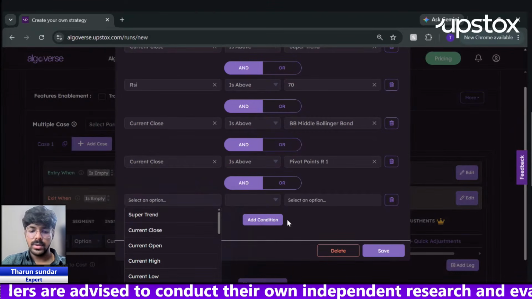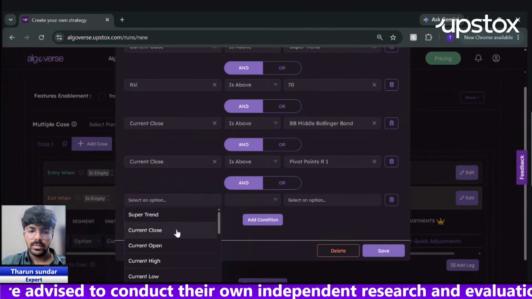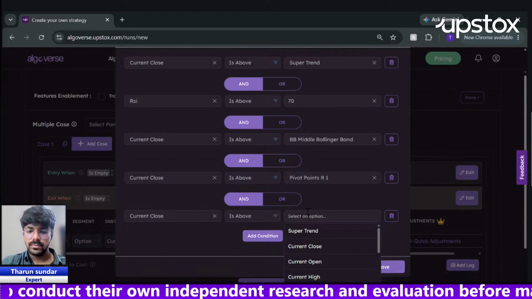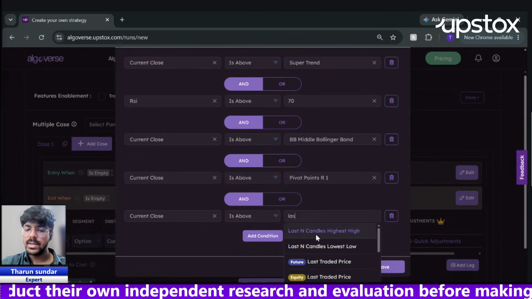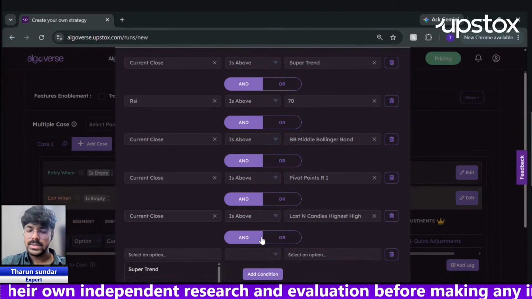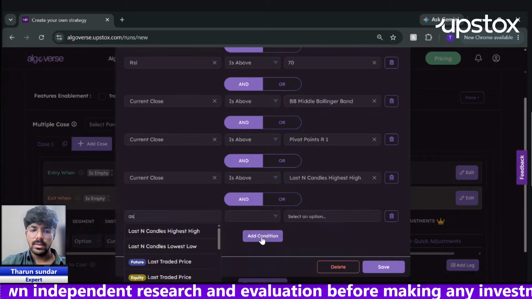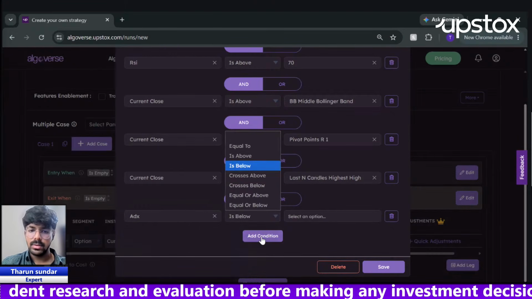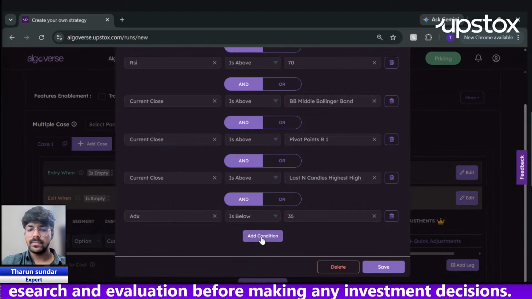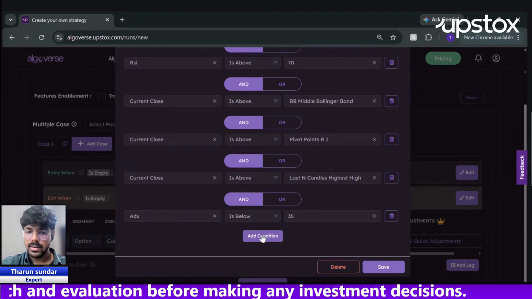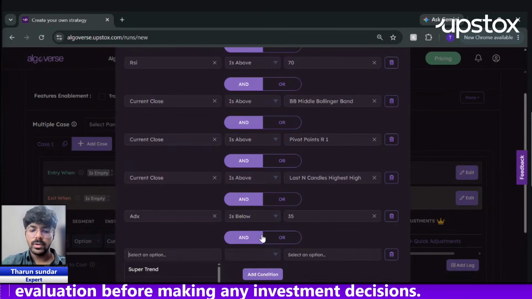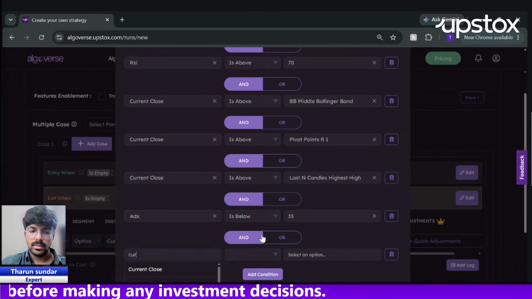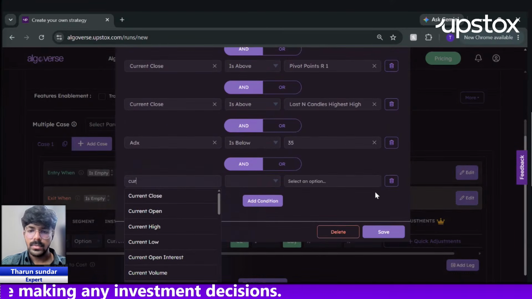I'm checking whether my current close is above the last 10 candles' highest high, that is, the last three candles' highest high. And the ADX indicator value should be below, let's say, 35. And you can also add a volume confirmation since it's futures.